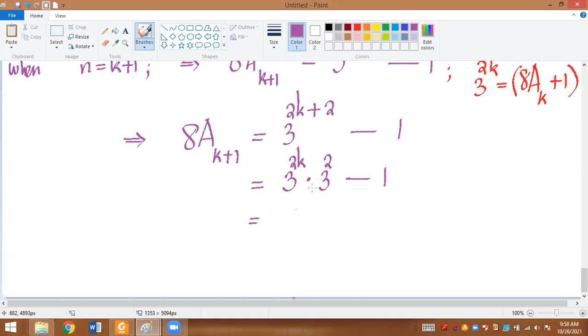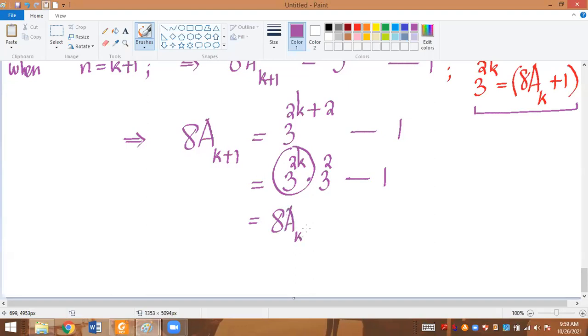And this quantity here, 3 power 2k, we have it here as 8a_k plus 1. It's being multiplied by 3 squared, which is 9, minus 1.